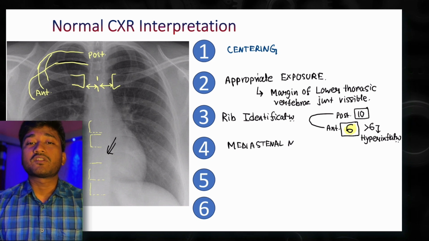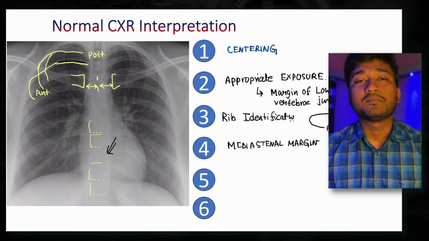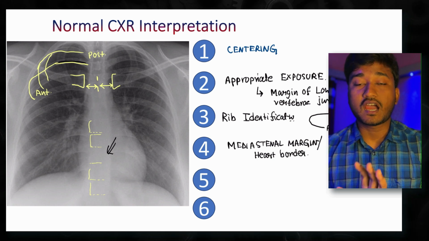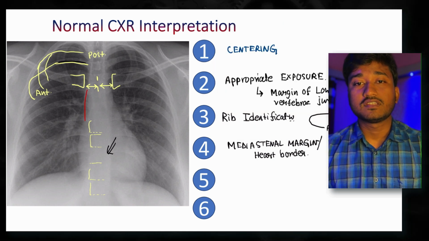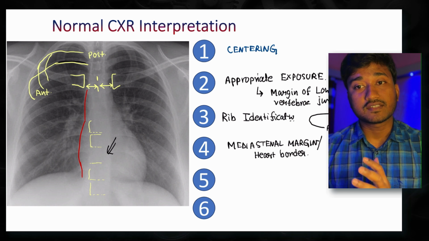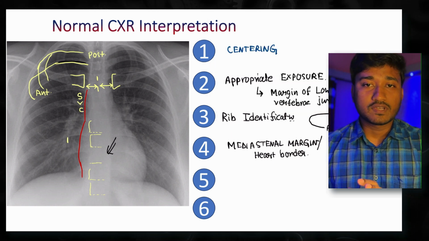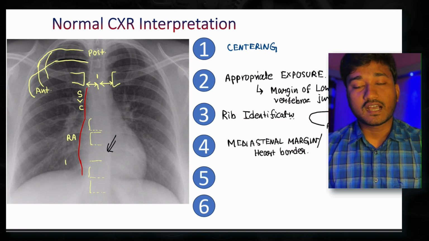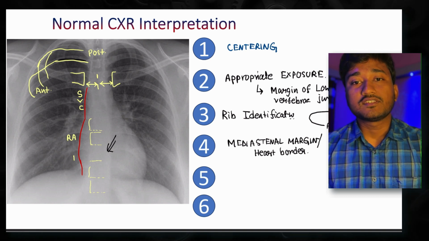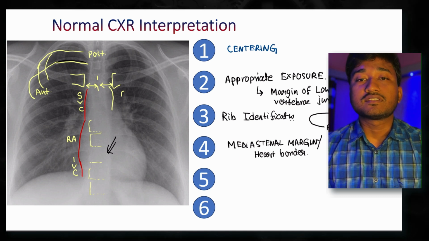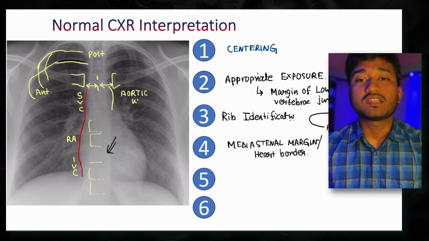Okay. Number 4, what you have to look for is the mediastinal margin. Mediastinal margin means the hard border here, because this is what basically defines the silhouette or the margin. Okay, here you can see I am drawing the SVC, and this is the RA, that is the right atrium, and this portion is the IVC, this border. And now what I am drawing is the aortic knuckle.